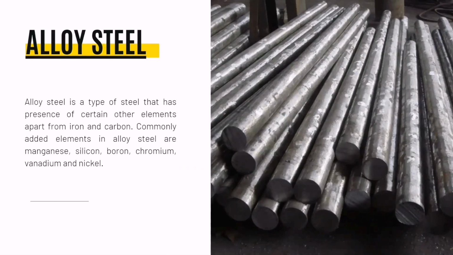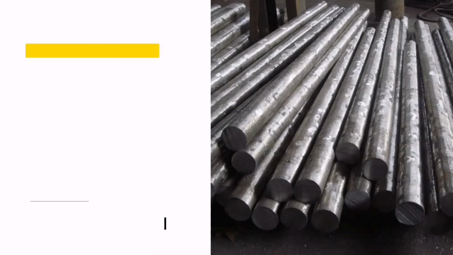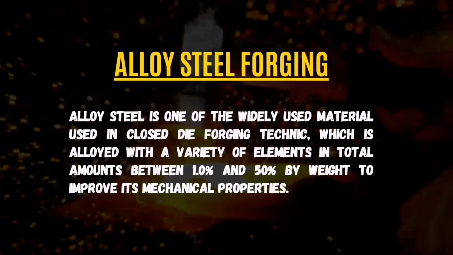Alloy steel is a type of steel that has the presence of certain other elements apart from iron and carbon. Commonly added elements in alloy steel are manganese, silicon, boron, chromium, vanadium, and nickel. The quantity of these metals in alloy steel is primarily dependent upon the use of such steel.